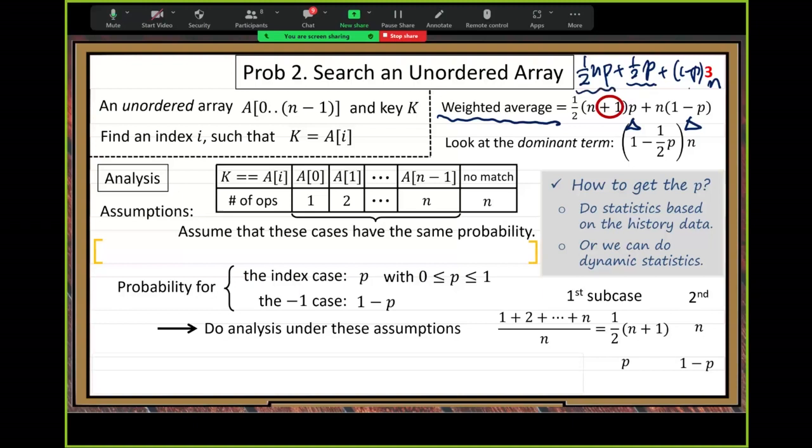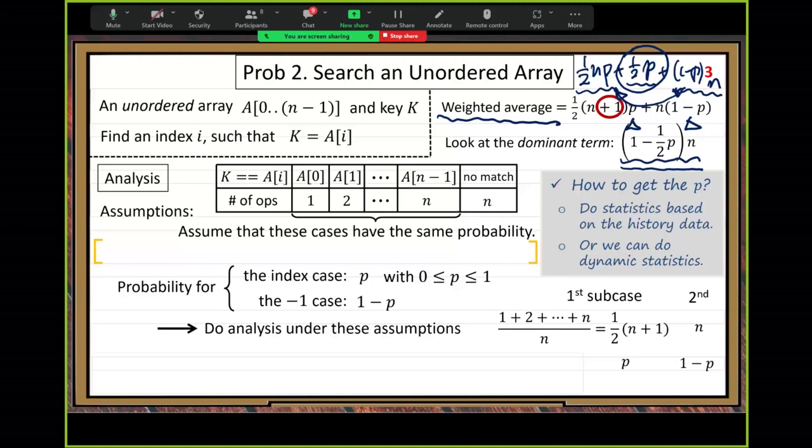The terms containing n, let's combine these two terms containing n, so we get this term. Here we drop the 1/2 times p constant part, because that's relatively small. Especially when n is very large, this term dominates all the other terms. So we call it the dominant term.